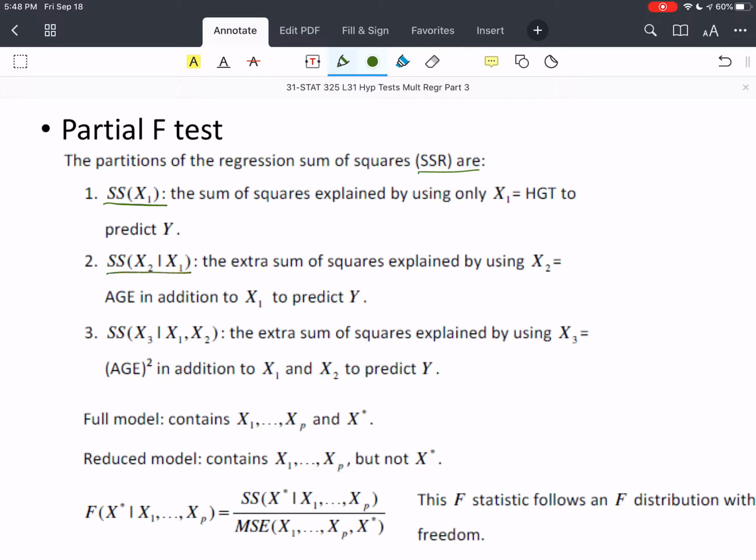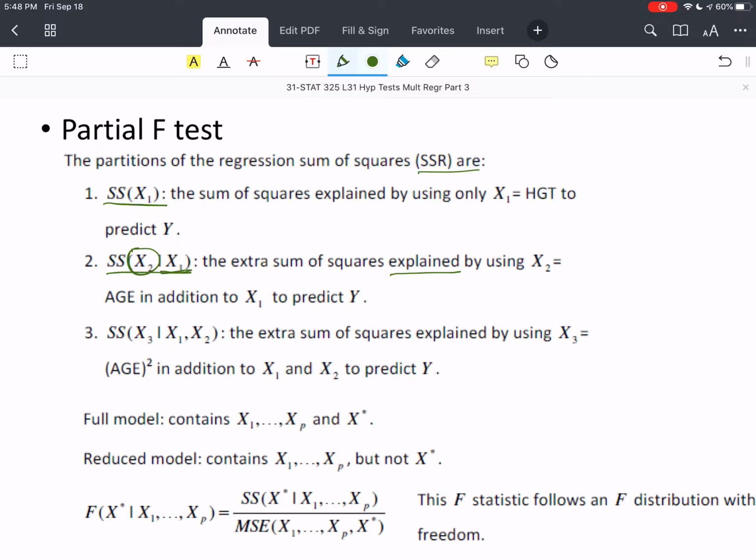The conditional sum of squares is the additional sum of squares added to the regression sum of squares for x2 after x1 is already in the model. So this is the additional variation explained by adding x2 into the model when we already have x1 in the model.